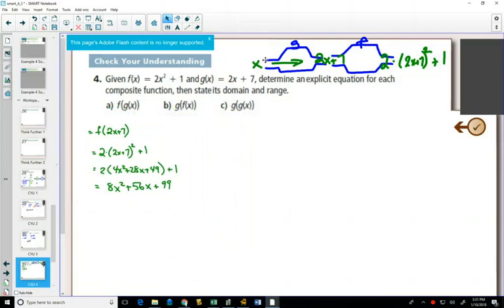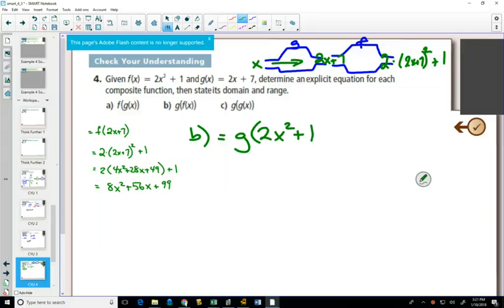There's part A. Part B says you throw something into f of x first, and then g of x after that. So if I throw x into f of x, it gets squared, times by 2, plus 1. That's what f of x is equal to.